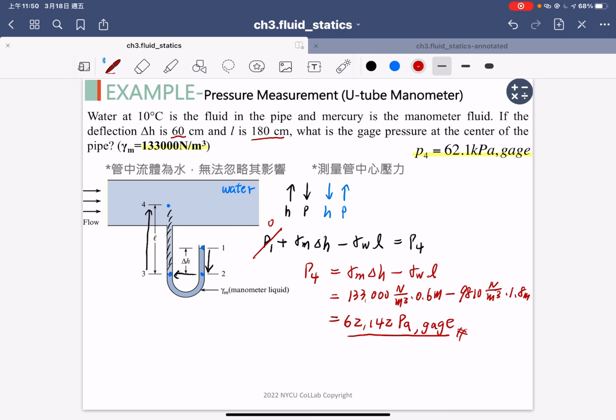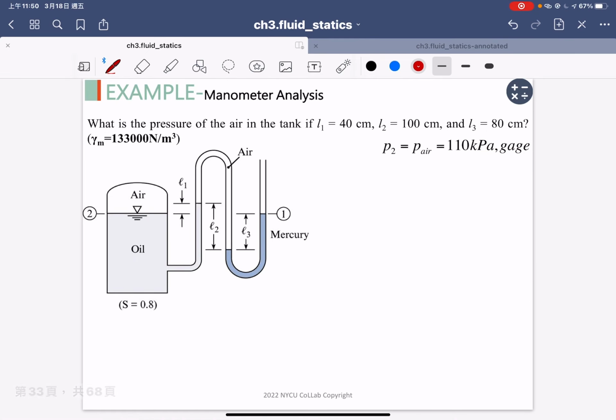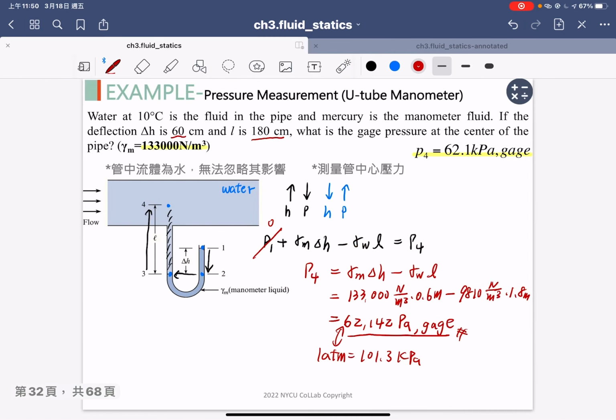Inside the pipe, because we know that 1 atm is equal to 101.3 kilopascals, compared to that, the pressure of the fluid inside the pipe is around half of 1 atm. Okay, so this is our exercise. I think the time is almost 12, so maybe we just stop here.